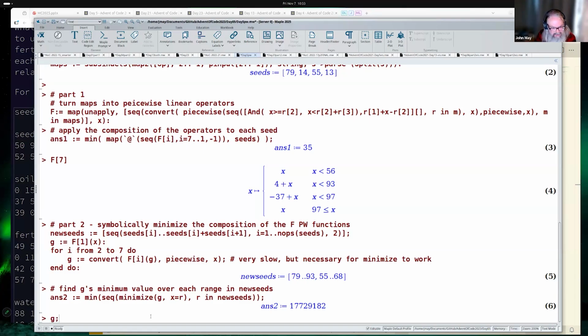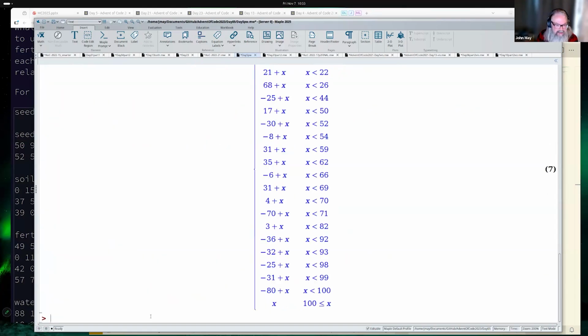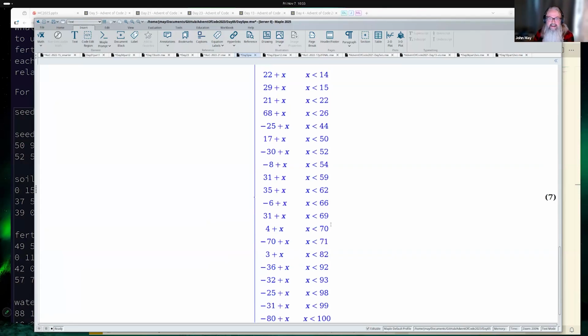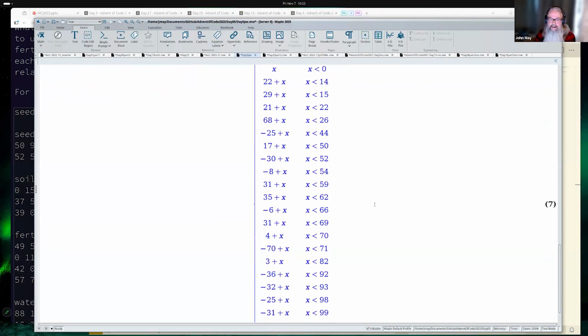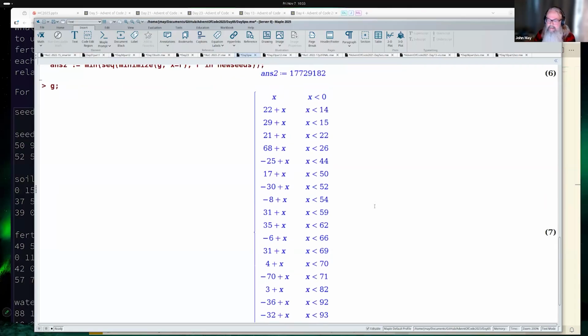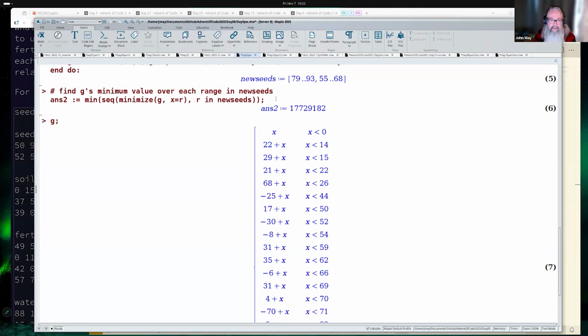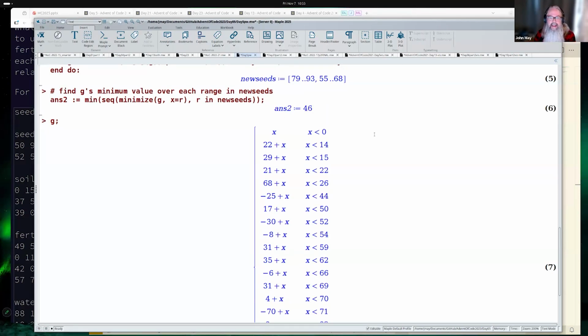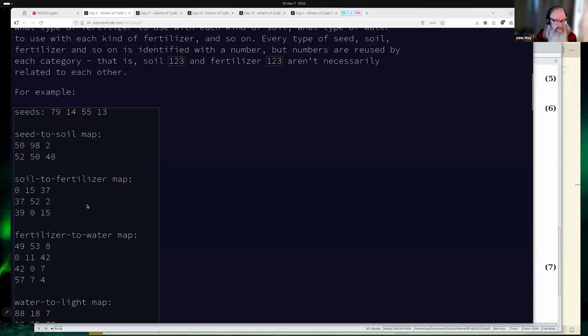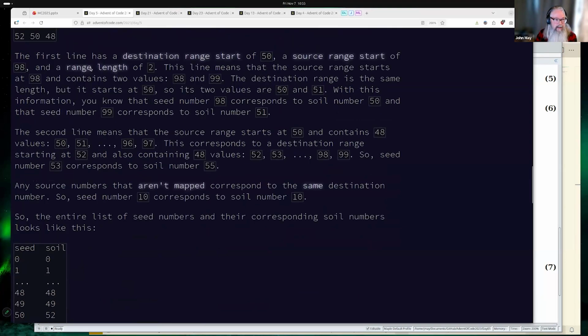I think this one is not so big that it doesn't show up on the screen. So here's the seed map, and now you have this map, and this thing is very easy to minimize over. The actual input is here, I can show it to you. So this was that little map.